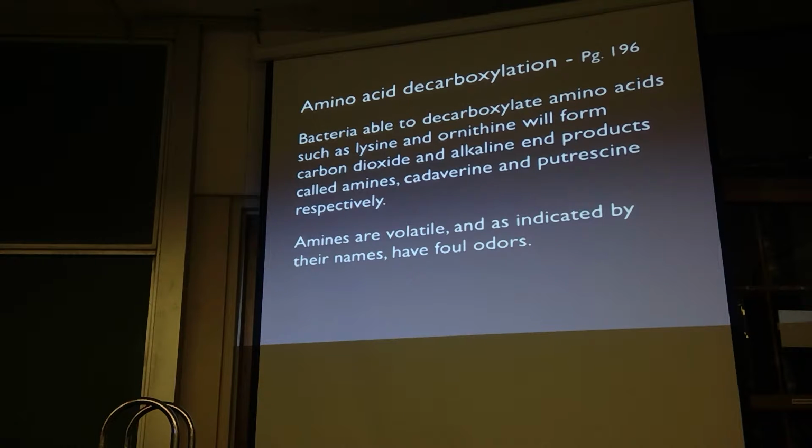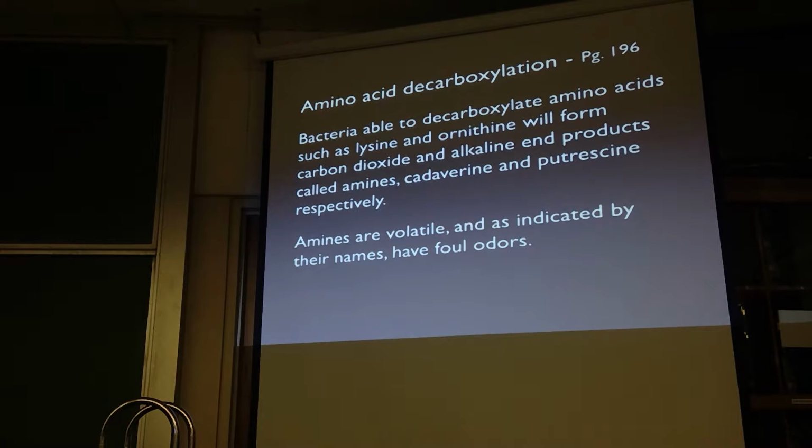An amino acid always has an amino group at one end and a carboxyl group at the other. If the bacteria remove the carboxyl group, so they do a decarboxylation, what's left is a substance called an amine. Amines are alkaline, they're volatile, so they tend to go out of the liquid, and they smell bad.